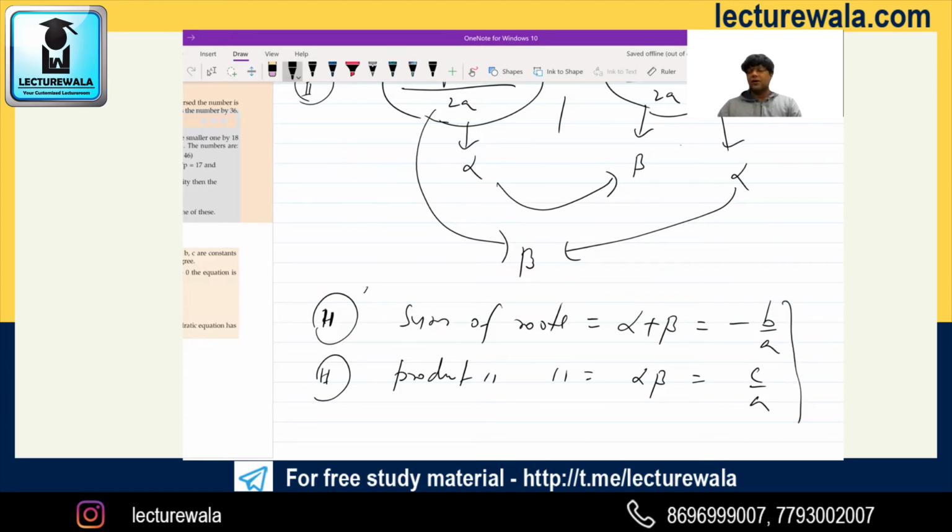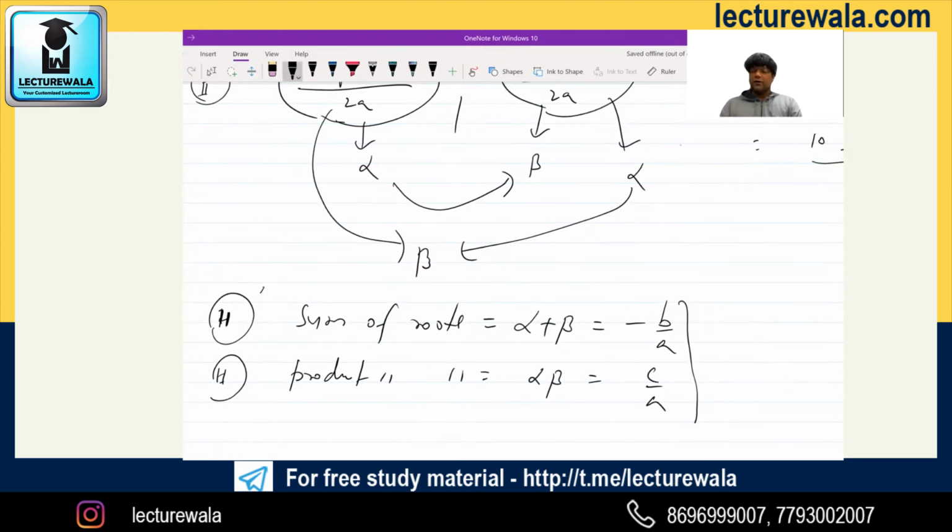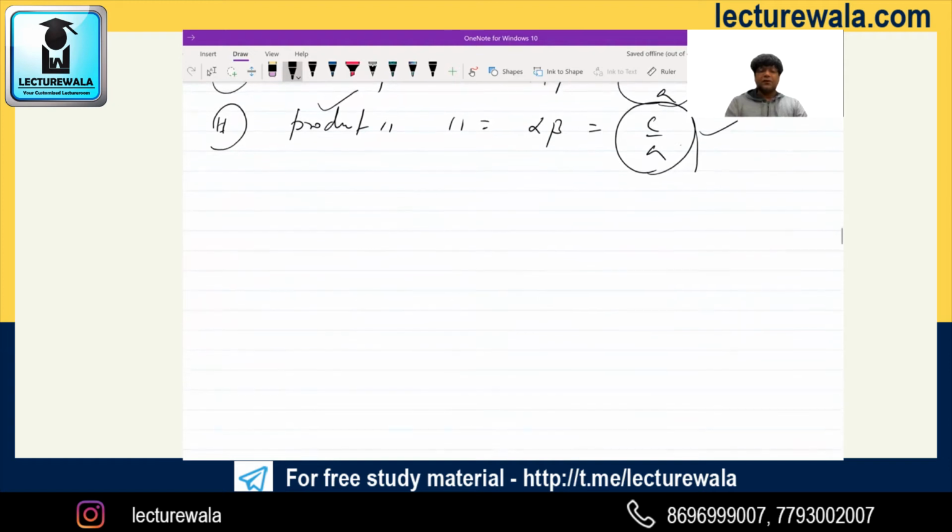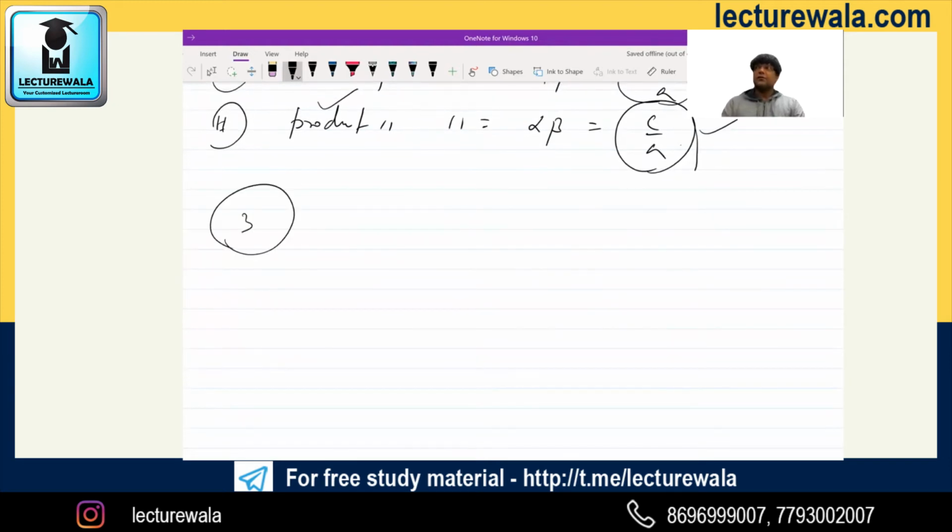This is the second formula, guys. You have to remember. Sir, why do we need to remember this? Without finding alpha and beta separately, directly you can get their sum and product using these two formulas. That is the importance.